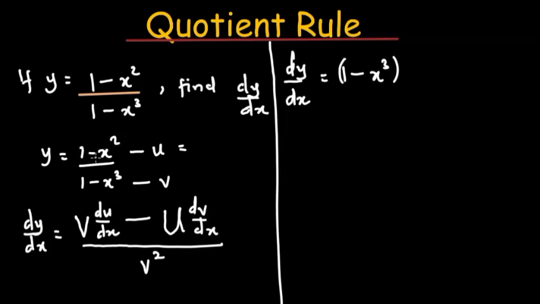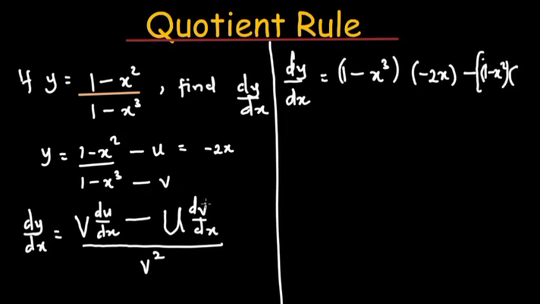When I differentiate minus x squared, I'm going to have minus 2x. So du dx will be minus 2x, minus u. U is 1 minus x squared. Let me put this in a bigger bracket.